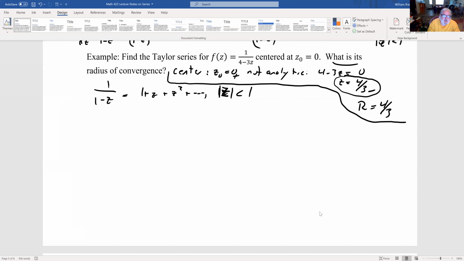So here's that: 1/1 minus z is this. But we don't have that. We have this kind of a format. So we need to turn 1/4 minus 3z into something like this. So I need a 1.